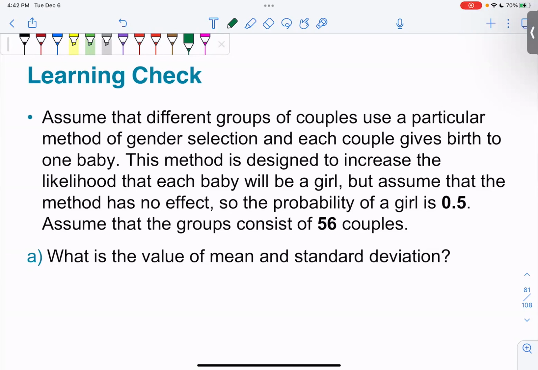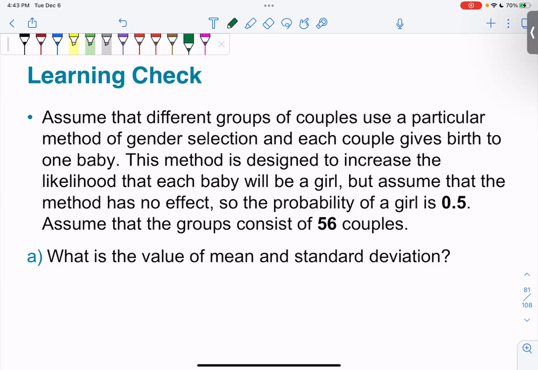This method is designed to increase the likelihood that each baby will be a girl, but assume that the method has no effect. So the probability of a girl is 0.5. Assume that the groups consist of 56 couples.